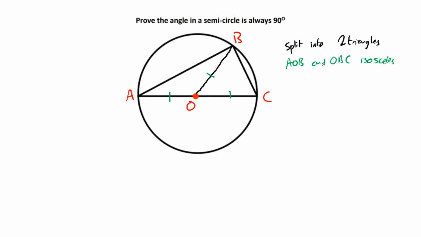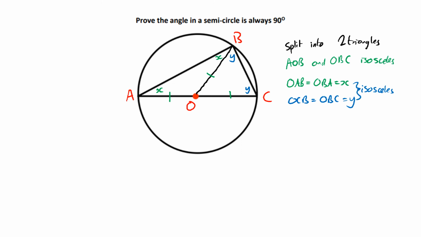And we can sort of label the two angles that would have to be the same. Okay, we'll say that OAB is equal to OBA, which is equal to x. So we'll call that angle x. And we could furthermore say that OCB and OBC are equal to y. Again, purely because of this isosceles fact.